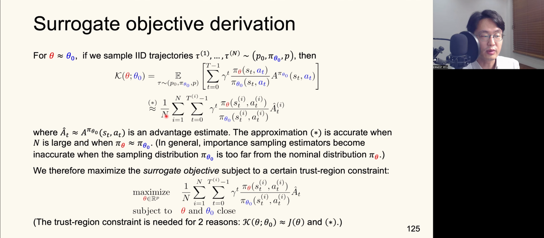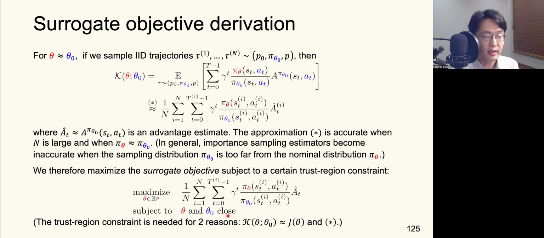Okay, so we're going to use this surrogate objective. We're going to maximize the surrogate objective, but we will subject the optimization to a certain trust region constraint. The optimization looks like this. We maximize this empirical average of the surrogate objective, subject to the constraint that the parameter theta should be, in some sense, close to the parameter theta 0.